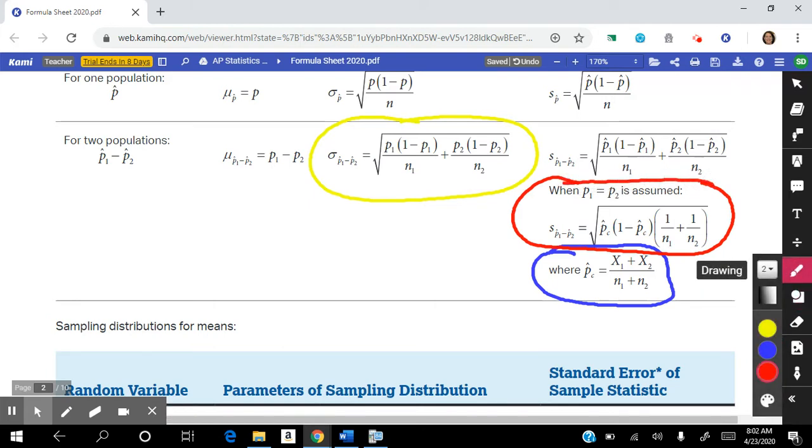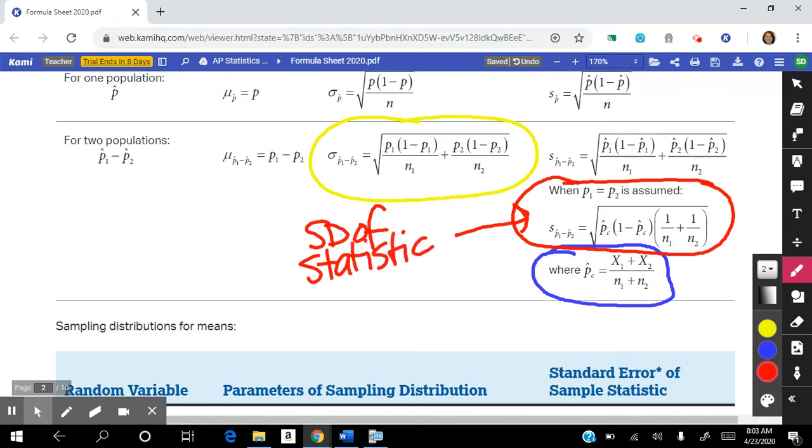When P1 is equal to P2, we have our standard deviation of our statistic. This is the denominator of how you find your test statistic.